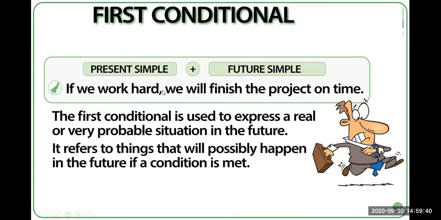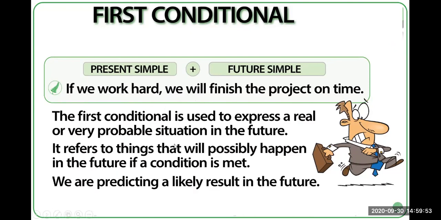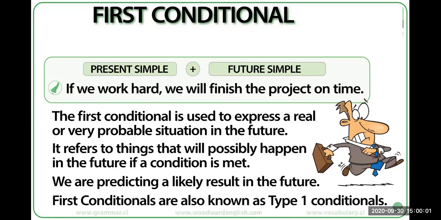If we have this condition, probably we will have this result. This is the first conditional. We are predicting a likely result in the future. Un resultado muy probable. The first conditionals are also known as type 1 conditionals.